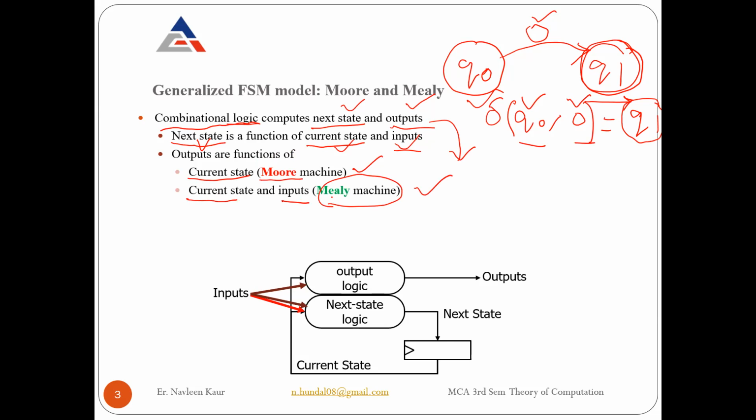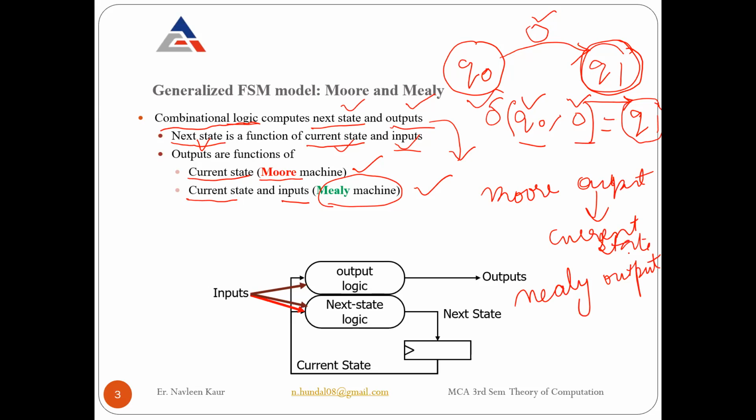You can summarize it like this: a Moore machine is one in which the output depends only upon the current state. However, in a Mealy machine, your output is a function of two things: one is the current state, and the other is the input.